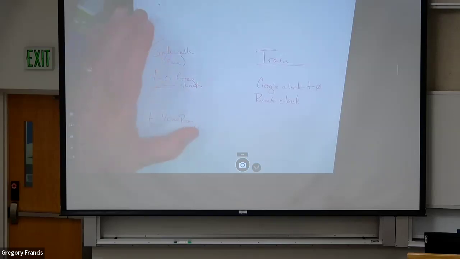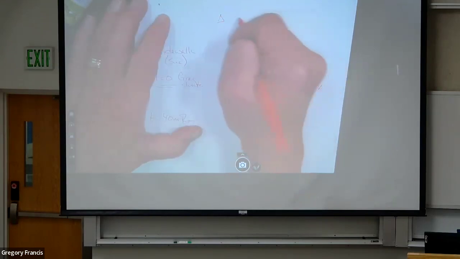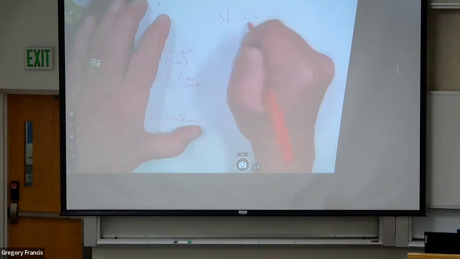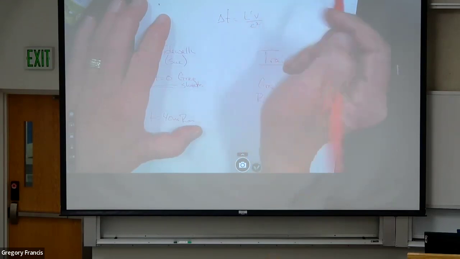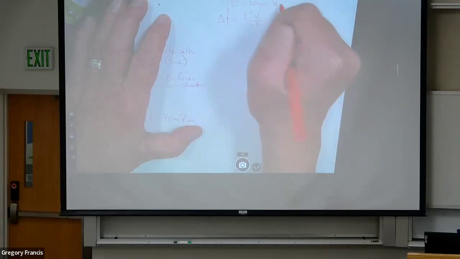And so what she found was that the change in time between those two clocks, which was L prime V over C squared. Remember, the sheriff measured L prime to be 30 meters, and V was equal to 3/5 the speed of light.